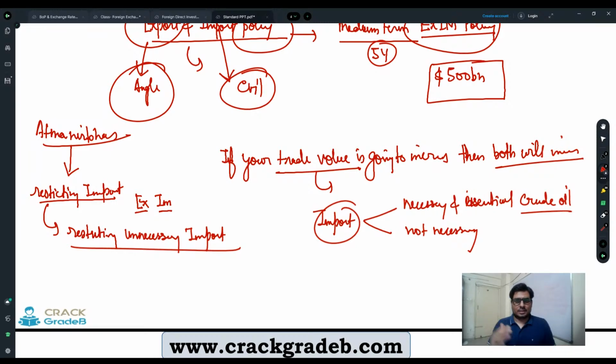So it is the theory of comparative advantage. I will purchase a few things from you so that you will be benefited, and with that benefit you are also able to purchase a few things from my country so that I will be benefited. This is what happens in international trade.